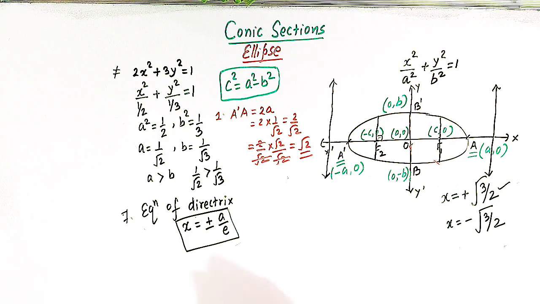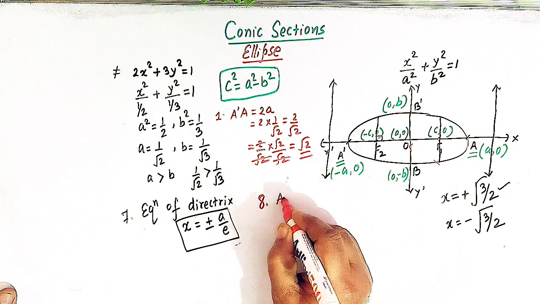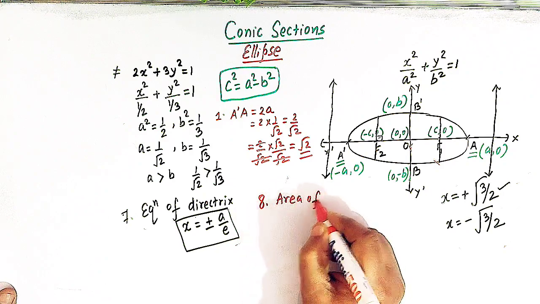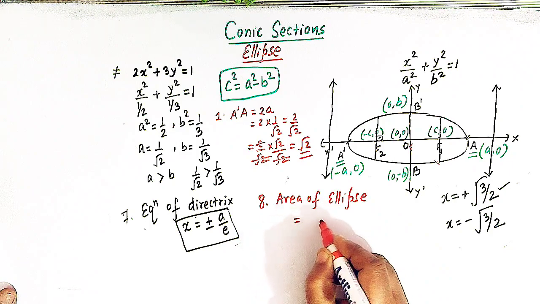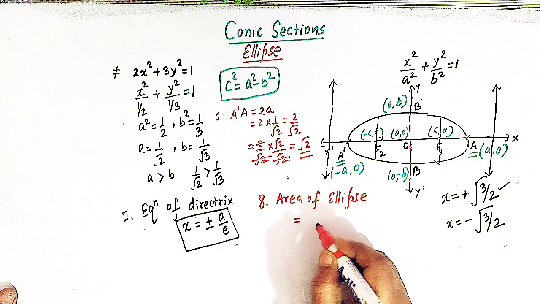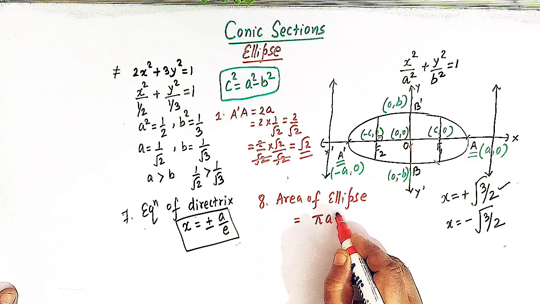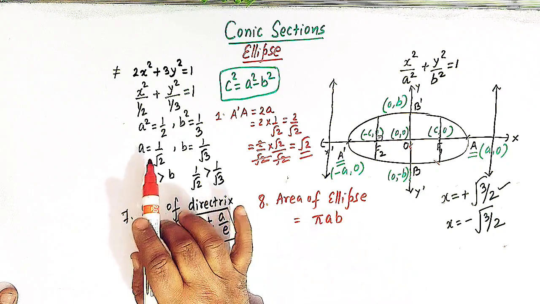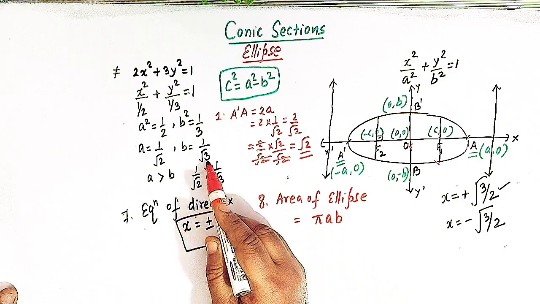So now let us find out the area of this ellipse, right? So area of the ellipse is given by this formula, which can be obtained by using integral calculus. So we have the area of ellipse as pi times a times b, where a is 1 over square root of 2 and b is 1 over square root of 3.